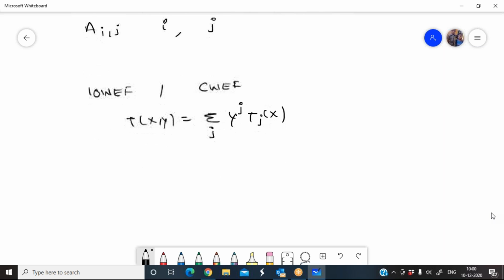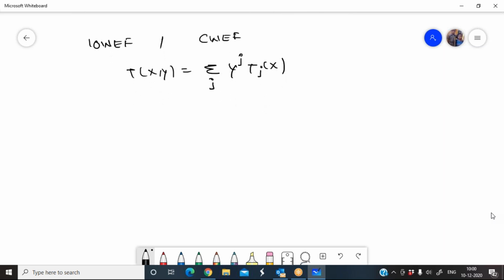And finally, another one is the input redundancy weight enumerating function. What is the meaning of this? Can anyone say? Input redundancy weight enumerating function. Redundancy, redundant bits. What is the meaning of redundant bits?